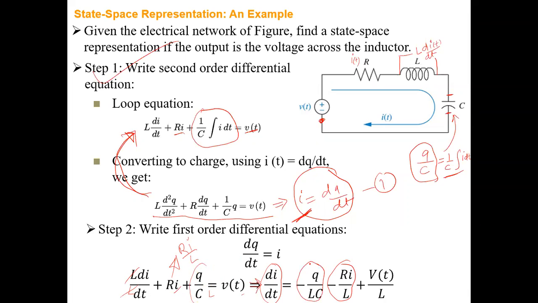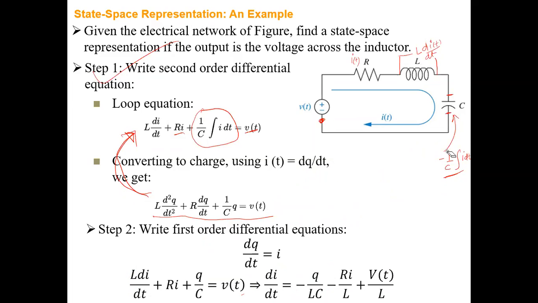Minus Q over CL. Then you have Vt over L. Now if you look at this, you have two first order differential equations. You realize that? This is one of them, and this is the other one.